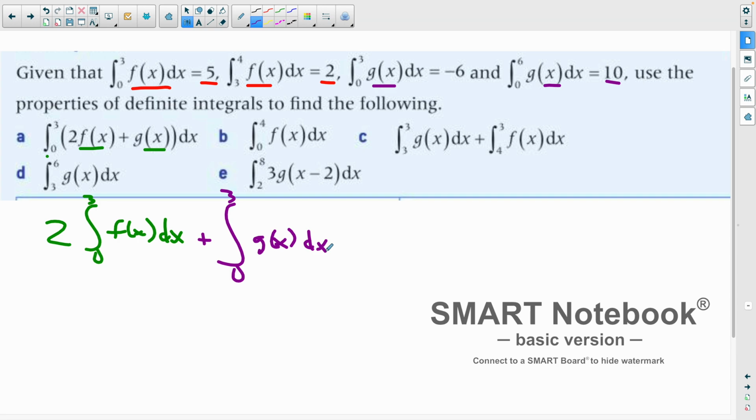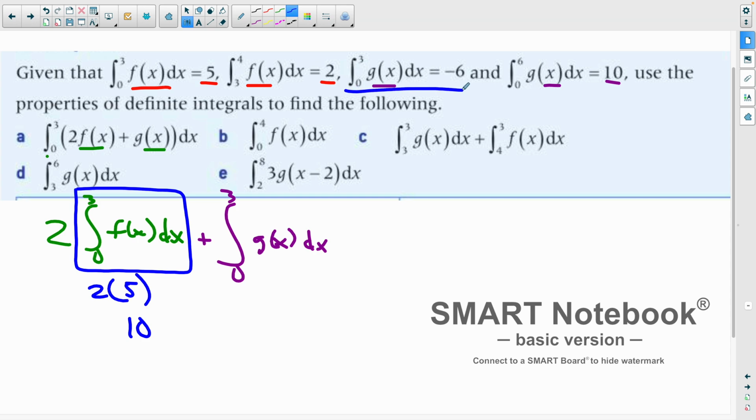Now, why would I do that? Well, do I know what this value is right here? It's 5. That's the given. So in this box, that's 5. So I have 2 times 5 here, which would be 10. In this one right here, this matches that one exactly.